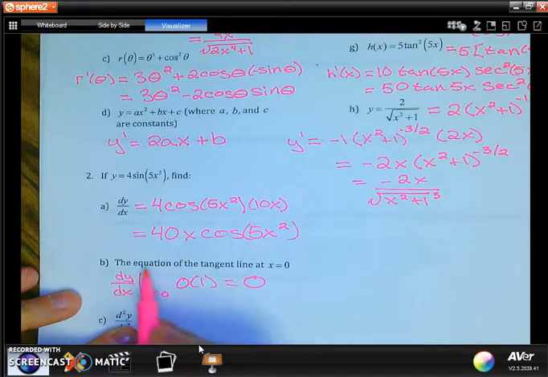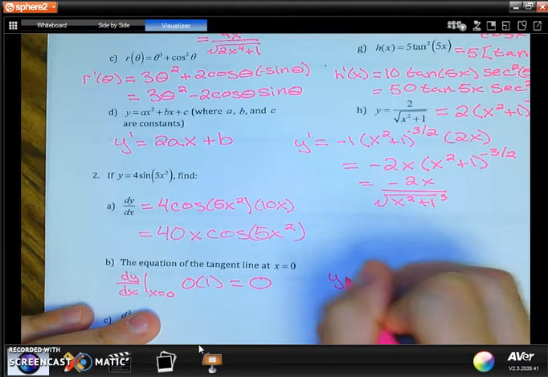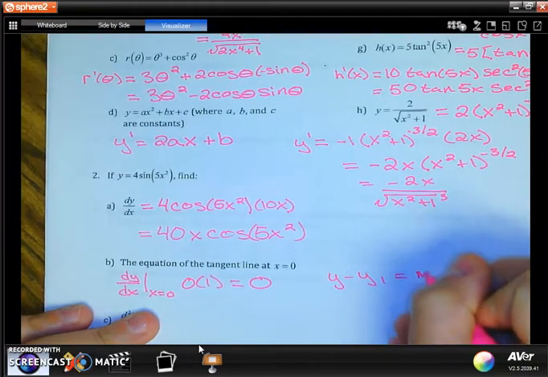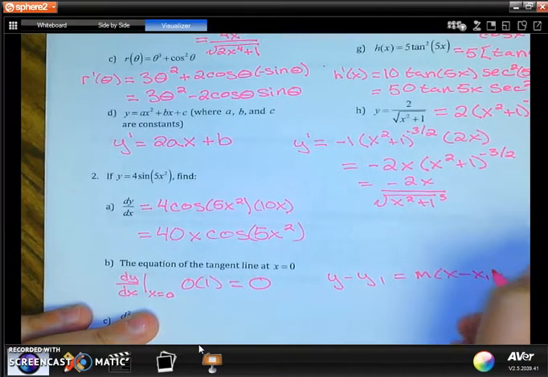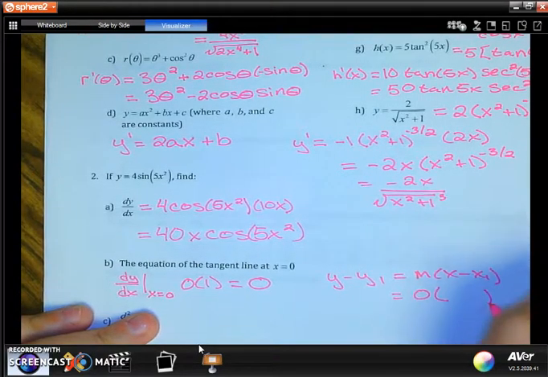And I'm writing the equation of a tangent line. So this is the slope at that point, okay? But if it asks you to write the equation of a line, right, you should be thinking y minus y1 equals m, parentheses x minus x1. Not that it's going to matter much here because this is going to be 0 times whatever. You don't care. It's going to be a big old 0.